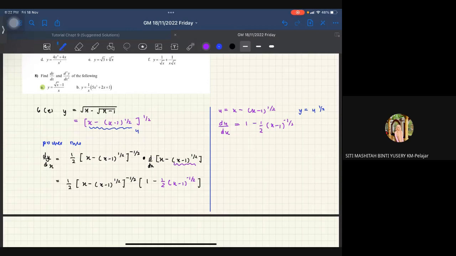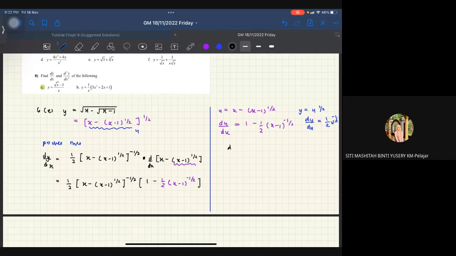And then for dy du pula. Okay, so for dy du sama juga we are using power rule. So sekarang kita bawa 1/2 ke depan. And then u kita punya power dah jadi kurang 1 which is -1/2. Okay, so apa yang kita nak buat sekarang? Kita combinekan jawapan.